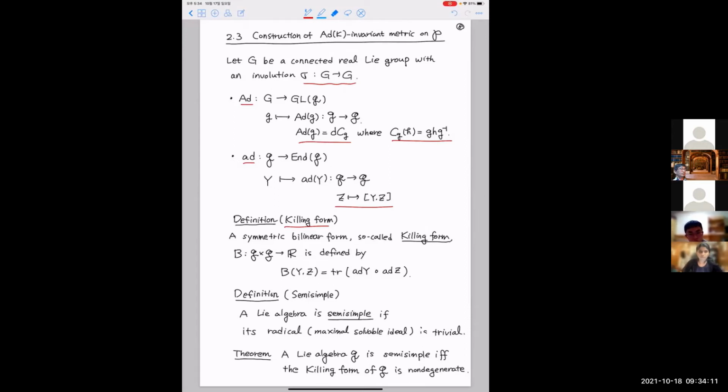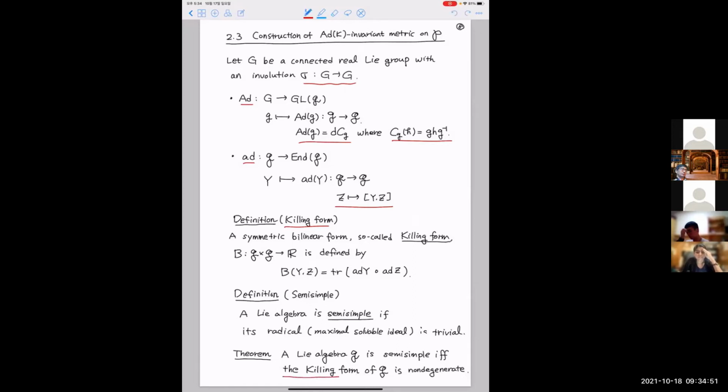In this viewpoint, there's a theorem: the real algebra is semi-simple if and only if the Killing form of 𝔤 is non-degenerate. Yeah, I like the theorem. Actually, there are many equivalent conditions for a real algebra to be semi-simple, but I like this definition.